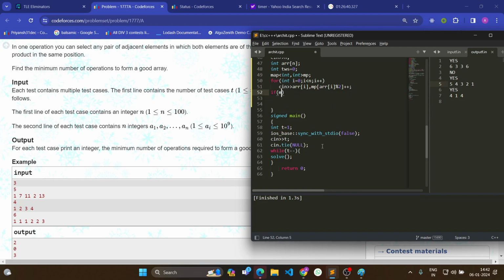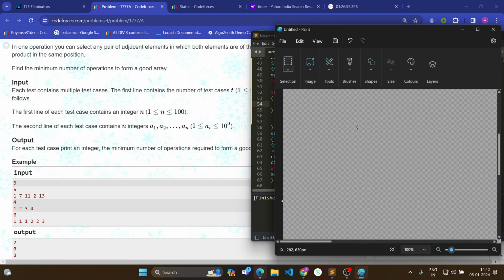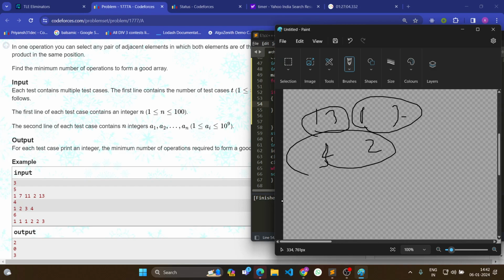So if MP of 0 is equal to 0, or MP of 1 is equal to 1, then I need to decrease them, make them 1, right? How many operations would that need? Let's say I have 1, 3, 5 and 7. I'll take 2, and then I'll take these 2 again. 3 operations.